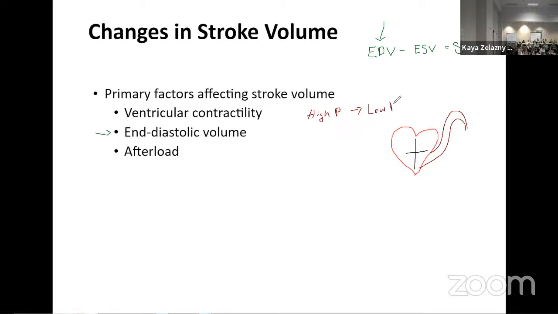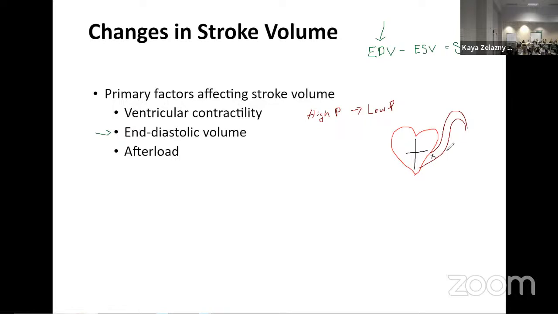Okay. So this last piece after load is going to have to do with those pressure differences, right? So specifically, our heart has to pump against any pressure that exists in the aorta, right? So you're going to need to have higher pressure in the ventricle versus lower pressure in the aorta if you want those semilunar valves to open and let the blood through, okay?